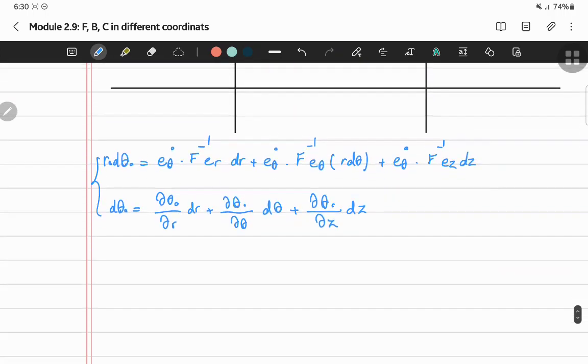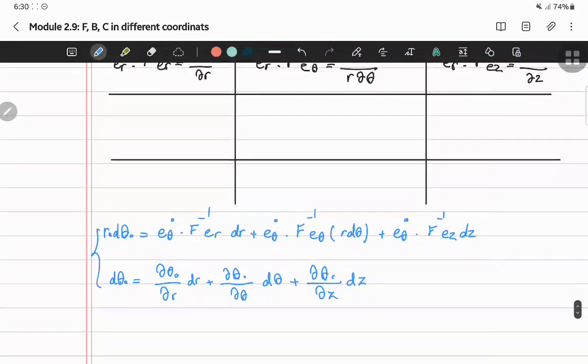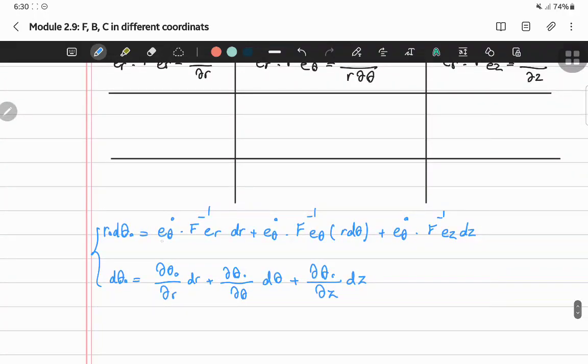By comparing these two, you can get f inverse theta r, which is basically this one. So e theta dot f inverse er is equal to this partial derivative divided by r0. Sorry, r times r0. This is equal to r0 partial derivative of theta 0 with respect to r.